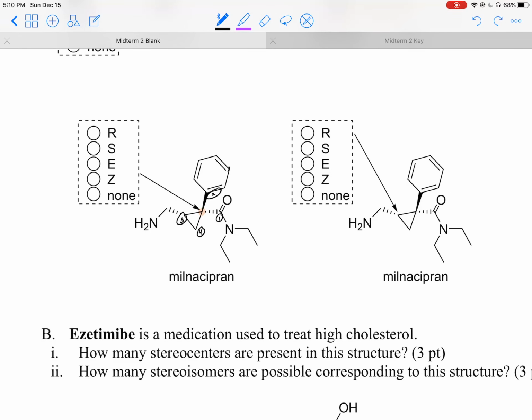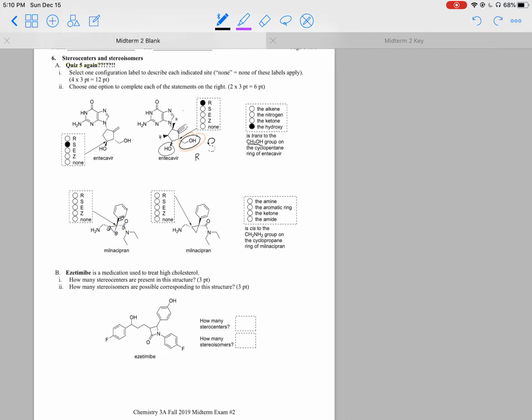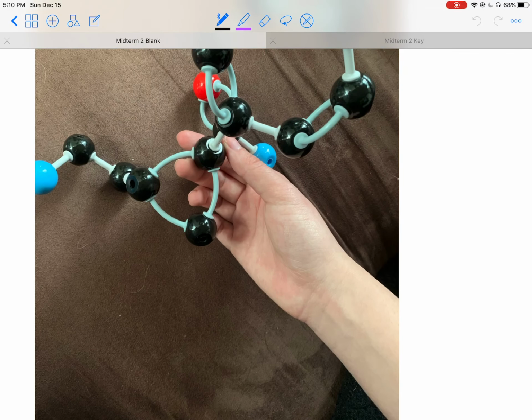You see that there's a wedged line going to the benzene. There's a dashed line going to the amide group here. And then the CH2 NH2 group over there is behind the cyclopropane. And that is what we have right here.